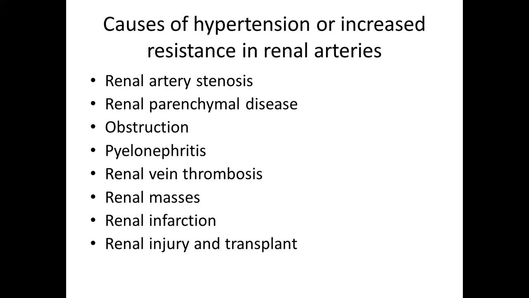This can be due to obstruction of the renal vessels, which can be either the renal vein or the renal artery. Both of them can cause hypertension. It can also be due to pyelonephritis, renal vein thrombosis. It can be due to renal masses compressing the renal vessels. It can be due to renal infarction, or it can be due to renal injury and transplant.